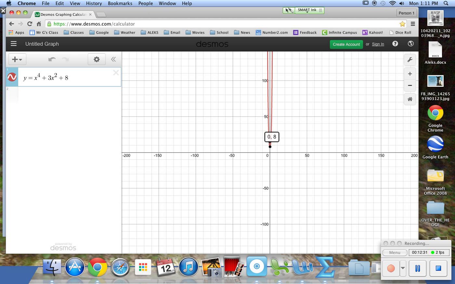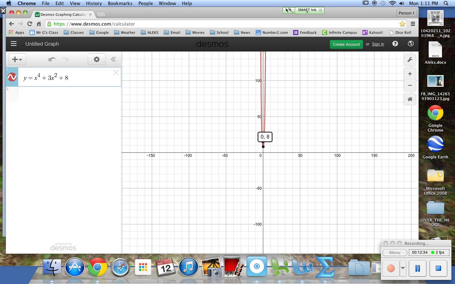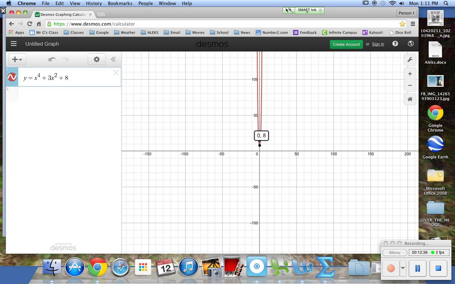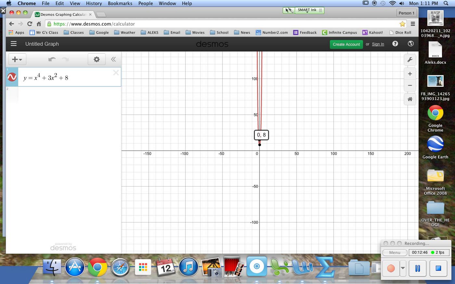Is this symmetrical? Sure it is. What's it symmetrical to? Not the origin. Origin's down here. What's it symmetrical to? The y-axis. That's why I showed you. All right. So I guess you've got to know how you're doing then, huh? All right. This should help you get going.